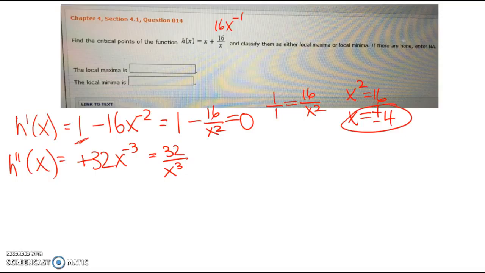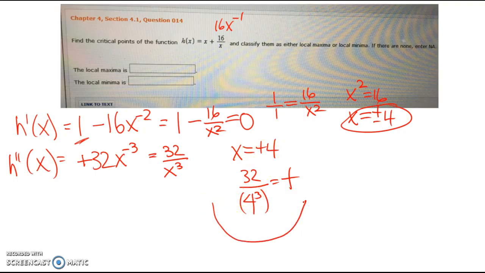Maximum or minimum. So when x equals positive 4, I will plug that into my second derivative, and I don't even really care what the number is. I just need to know it's positive. So at positive 4, this thing is concave up, so positive 4 is a minimum, right?